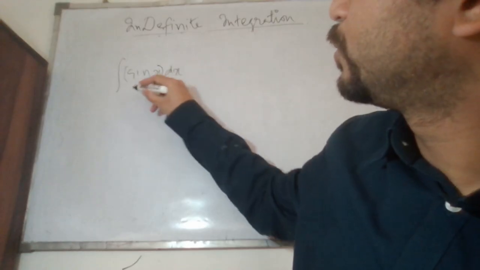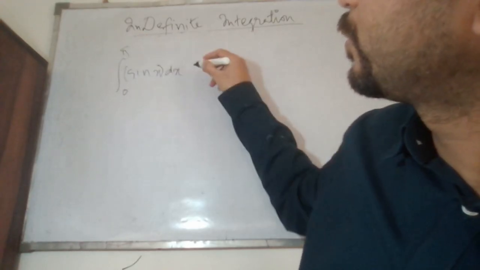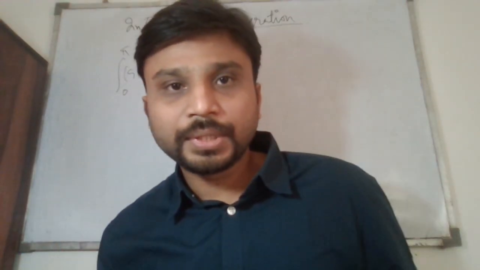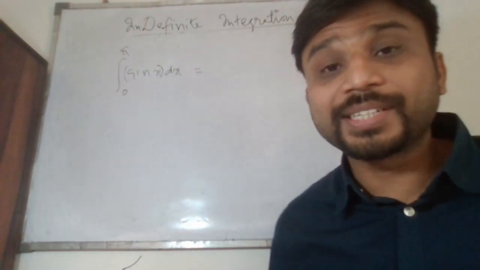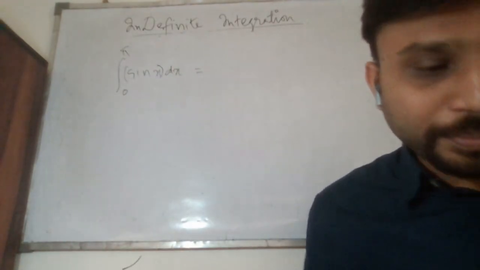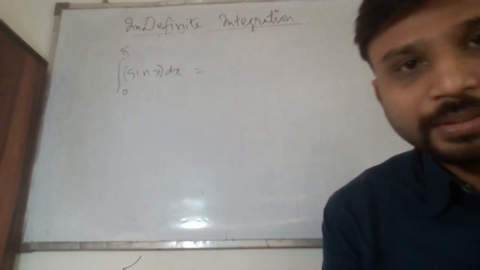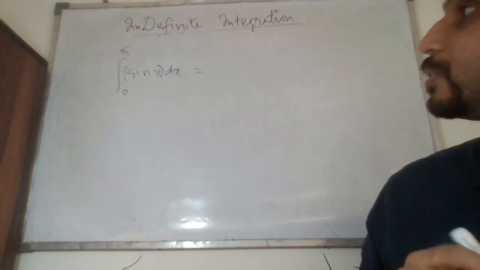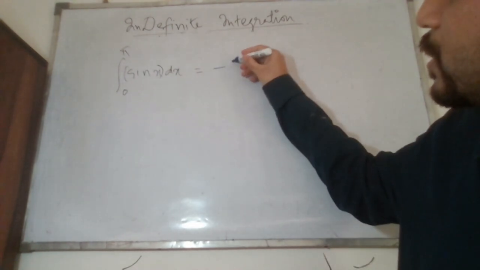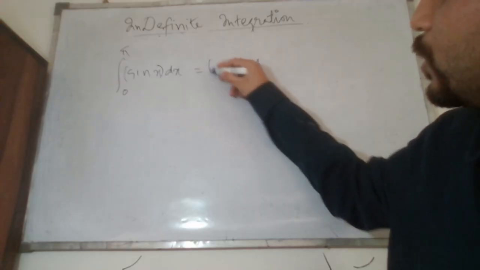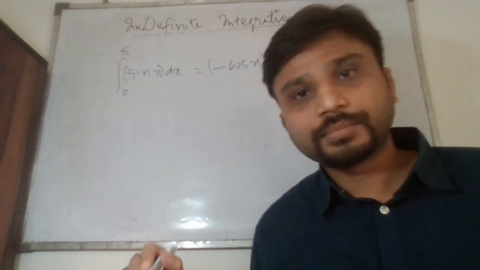Next, we want to integrate sin x from 0 to pi. Okay. So, first of all, what is the integration of sin x? That we already know. The integration of sin x is minus cos x, right?